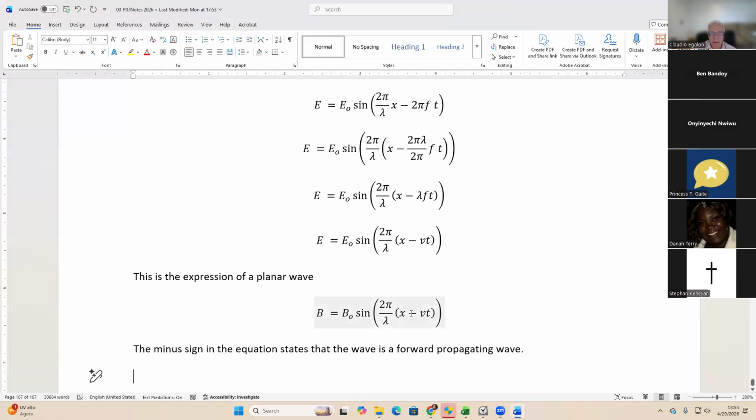This minus sign right in here. What else do we have to know? Okay, the electric and magnetic fields are perpendicular to each other. But again, you're going to find some exceptions out there in the world.